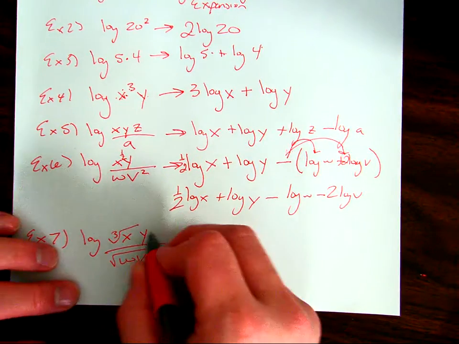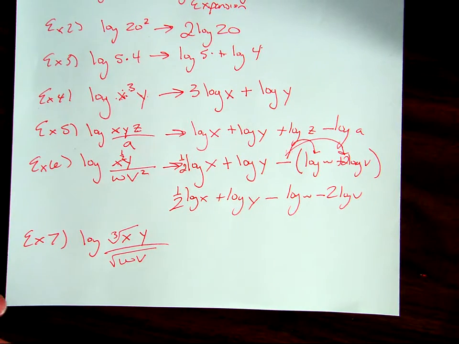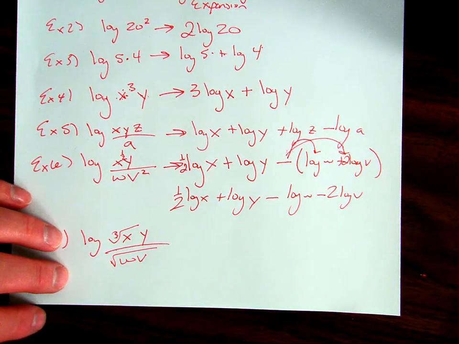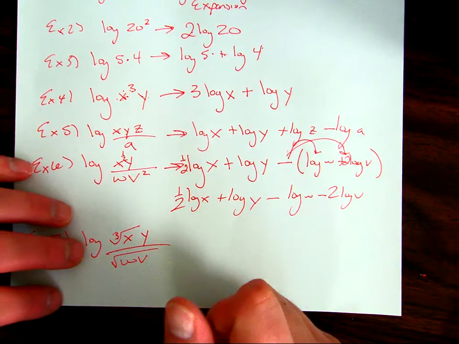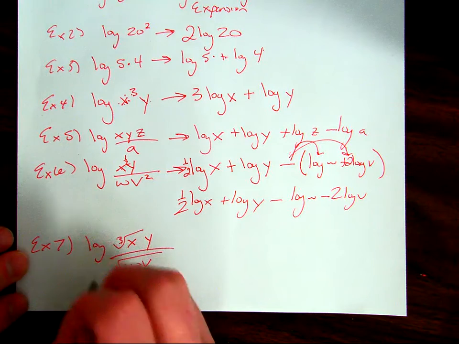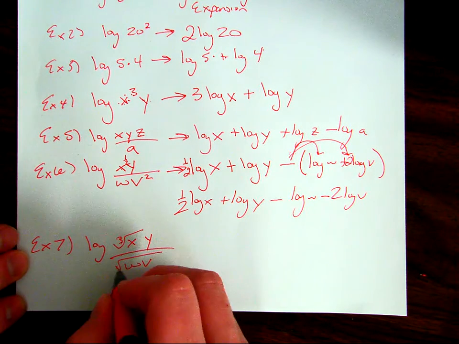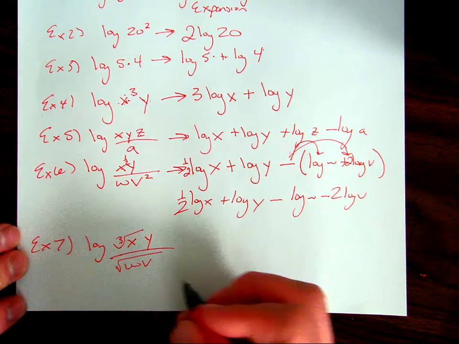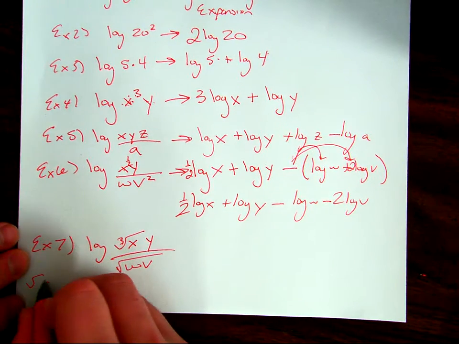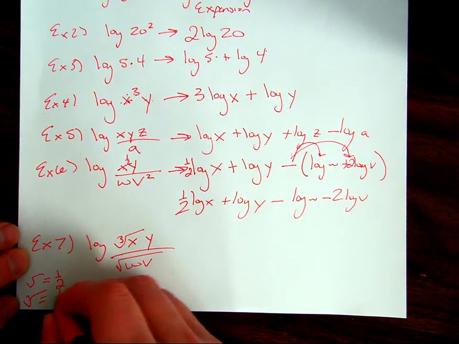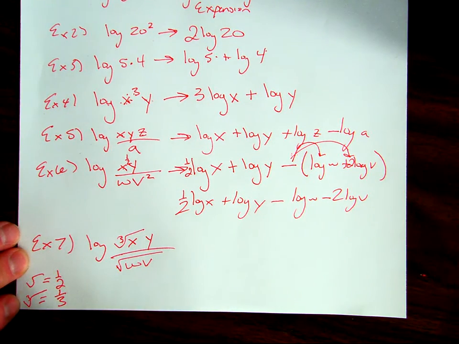Now, if you recall when we learned radicals, we did convert these equations or these roots into fractions. And remember, basically the way a root works is that you take what type of root it is and you put that in denominator. So like square root would be 1/2. Cube root would be 1/3. Okay? So you just work through it that way.